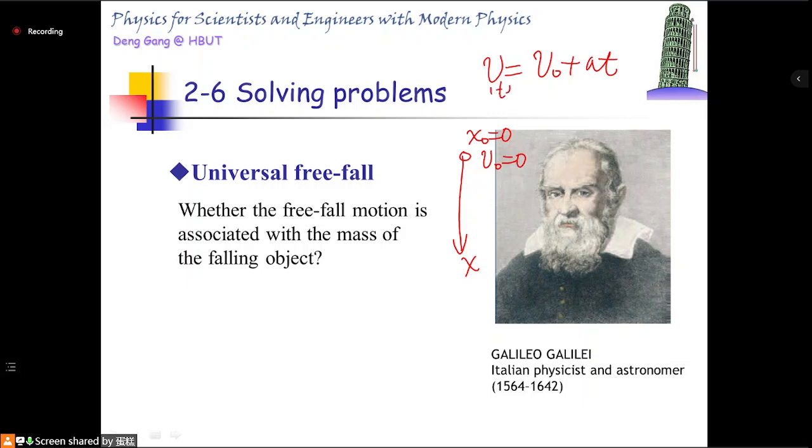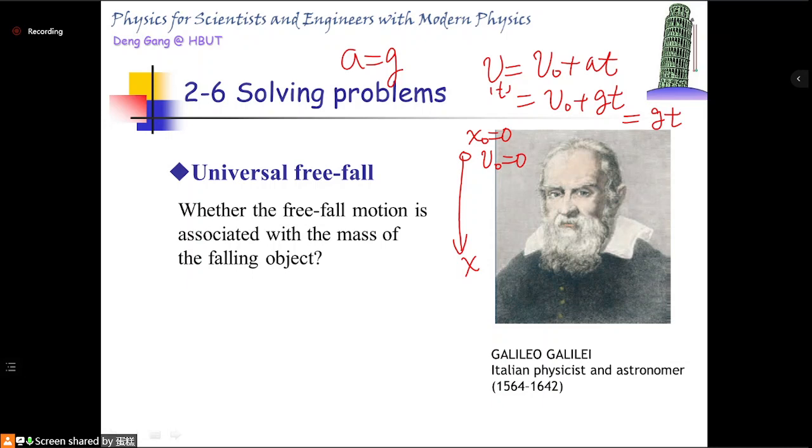And here a is the acceleration of the object near the surface of the Earth, which we can say is g. g is the acceleration near the surface of the Earth, and almost constant. So v is equal to v0 plus gt, and v0 now is 0, so it is equal to gt.